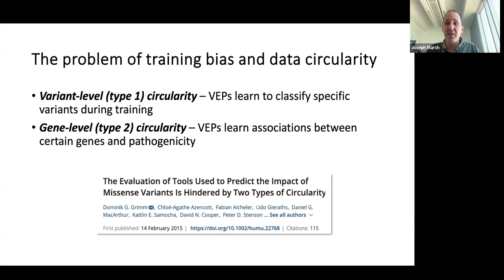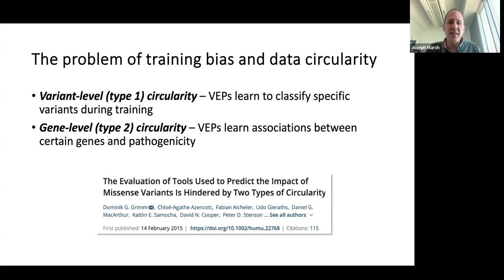That's where variant effect predictors have learned to classify specific variants used during their training. So the same variants used in training end up being used in the test, or, more commonly, because people know enough to control for that most of the time, homologous variants. People often aren't very good at excluding variants from homologous genes that might be at the same positions as in their training data, so genes that are closely related to genes in their training data.